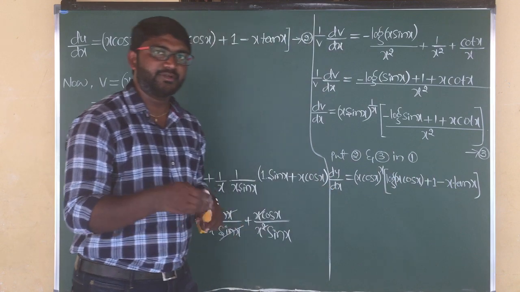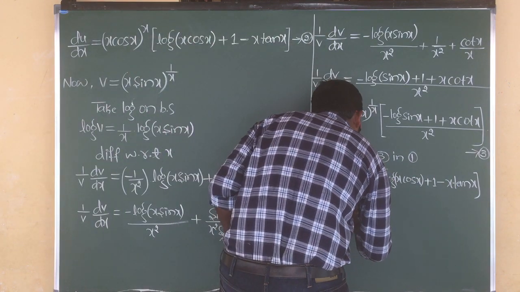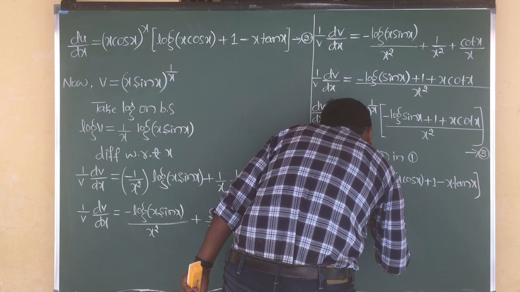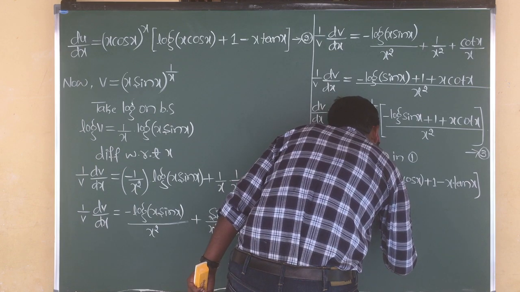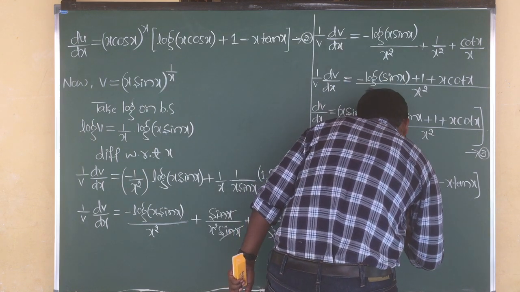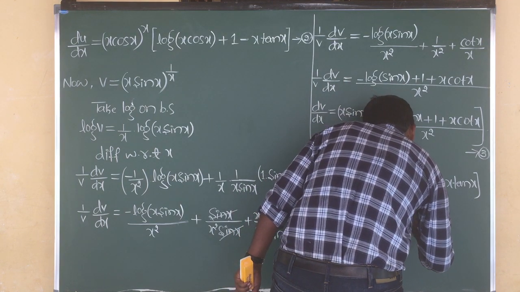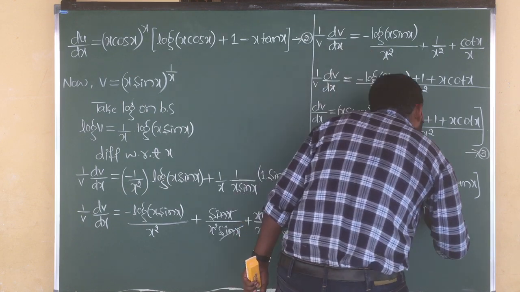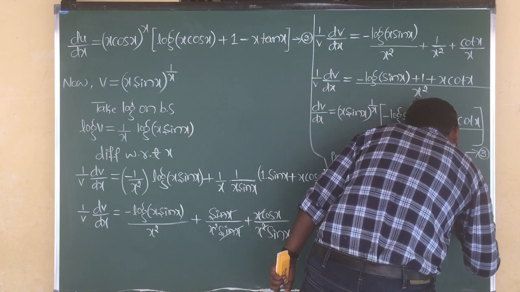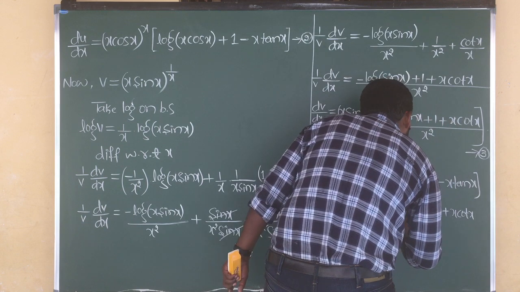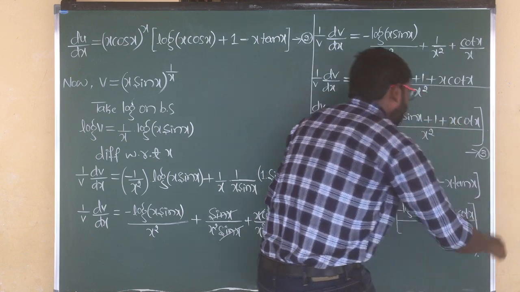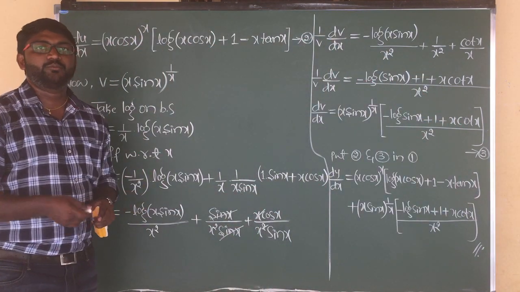This is du by dx, plus dv by dx, which I write here. Now we have to write this particular term, x sin x to the power 1 by x. So write the remaining term now inside the bracket, minus log sin x plus 1 plus x cot x, divided by x square. So this is the final answer for the 11th question. So pause the video to note it down.